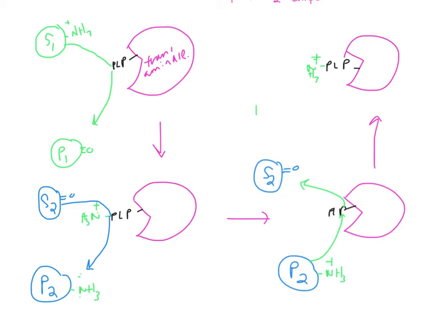And product 1, which was the alpha-keto acid, could come in and take this and get us all the way back to substrate 1, the original amino acid. So you can see how the directionality of the reaction is dependent on the concentration of the substrates and the products.